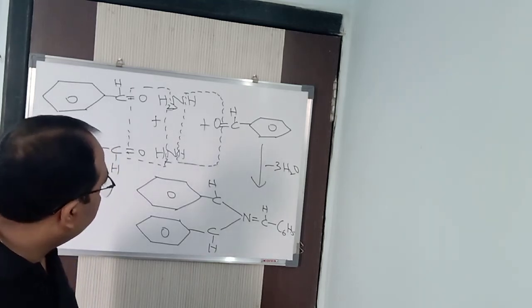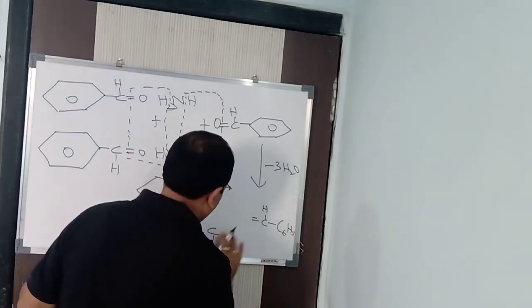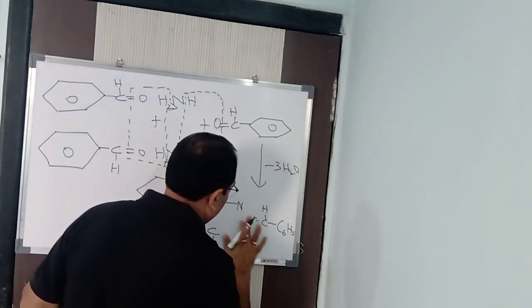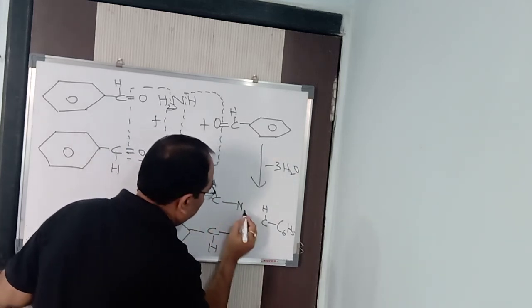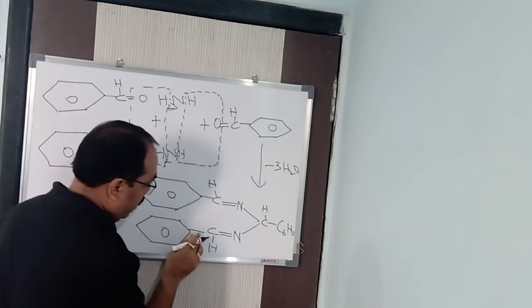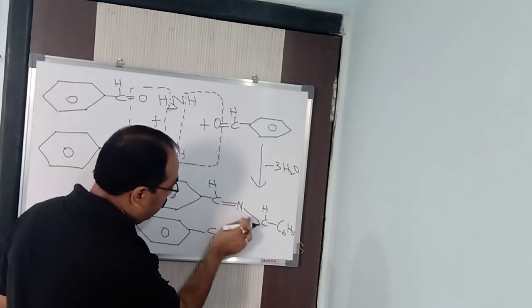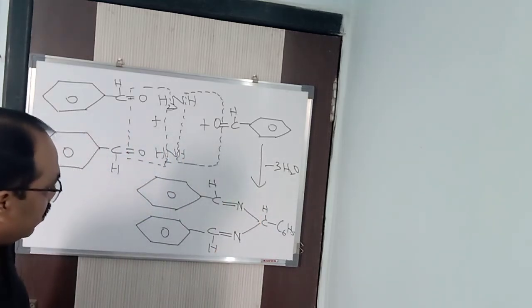See double bond, is anything missing? Sorry. 1 nitrogen, 2 nitrogen. It will be 2 nitrogen. I saw here 1, so it is 2 nitrogen. And now this is correct. Carbon 4 bonds, nitrogen 1, 2, 3 bonds. This carbon also has 4 bonds. Done. Fine. So it is okay now.